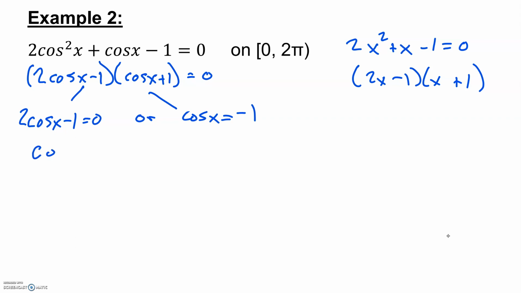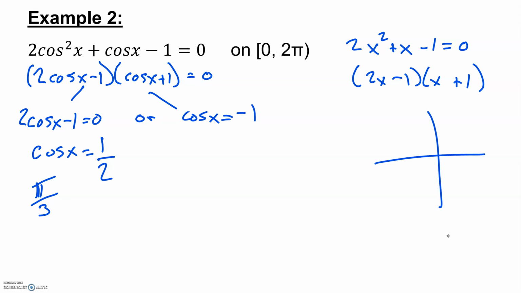Well, this left side, if we go ahead and get cosine by itself, we'd add 1 to both sides and divide by 2. And we're like, the cosine of what angle is a half? Positive a half. We should be able to say pi over 3, right? Cosine of 60 degrees is 1/2.